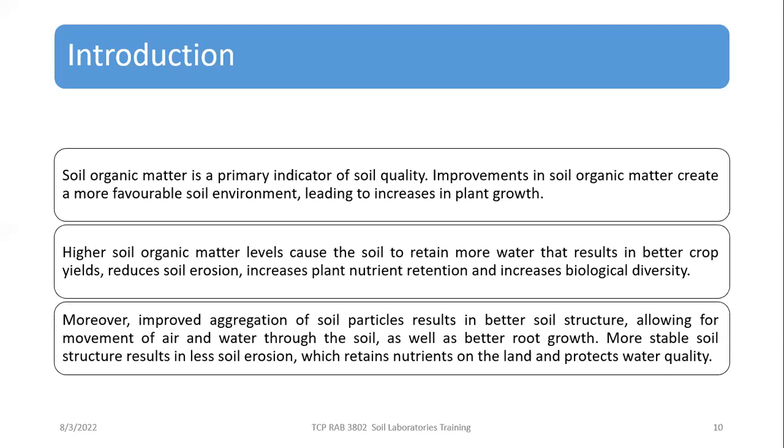In general, soil organic matter increases the ability of soil to store and hold water. Also, the presence of organic matter will improve the aggregation of soil particles, and this will improve the soil structure.